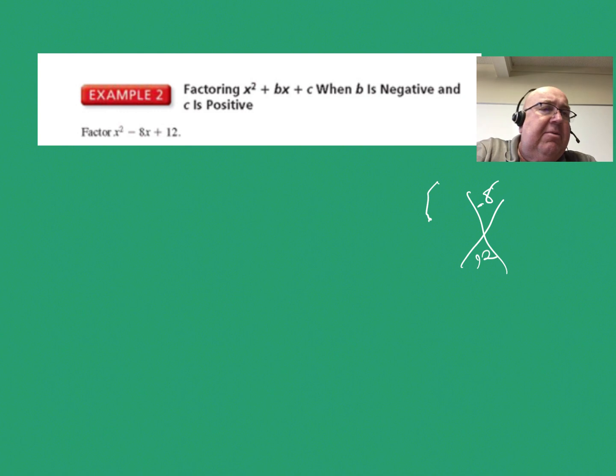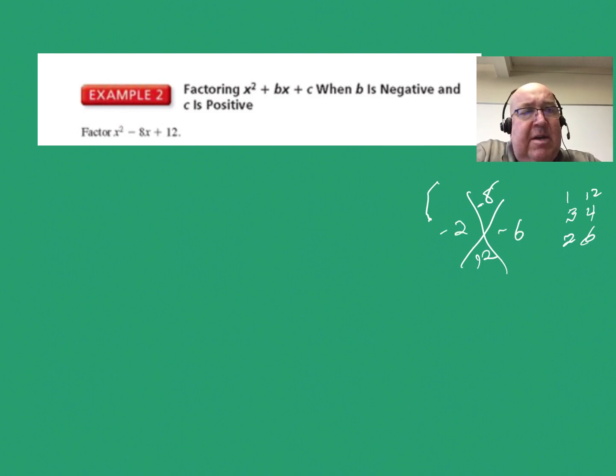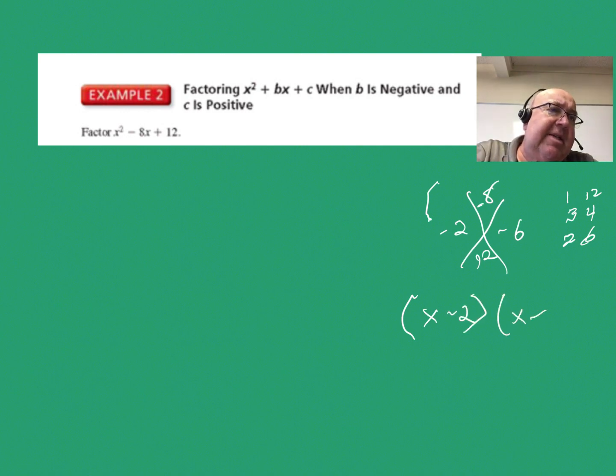And now I just want to think of numbers that multiply to equal 12 that might add up to equal 8. 2 and 6, and we know they both have to be negative, so our factors are x minus 2 and x minus 6.